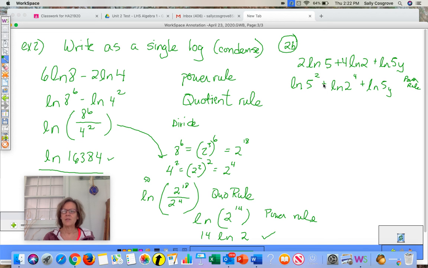Okay, so now I just have these plus signs to deal with. That's the product rule, and it says that the sum of the logs is the same as the log of the products. So I'm going to say the natural log of 5 squared times 2 to the 4th times 5y. 5 squared is 25. 25 times 5 is 125. 2 to the 4th is 16.